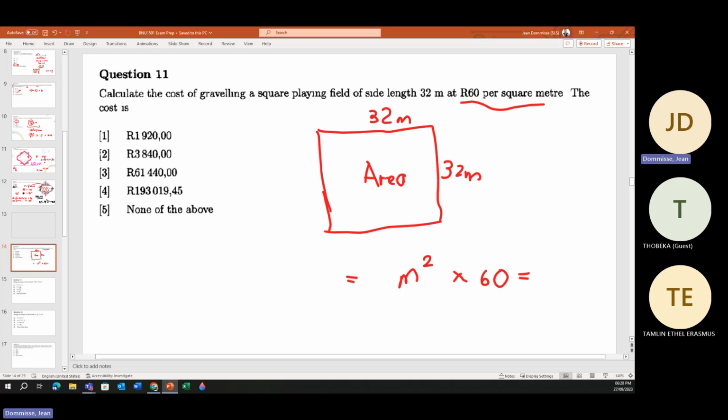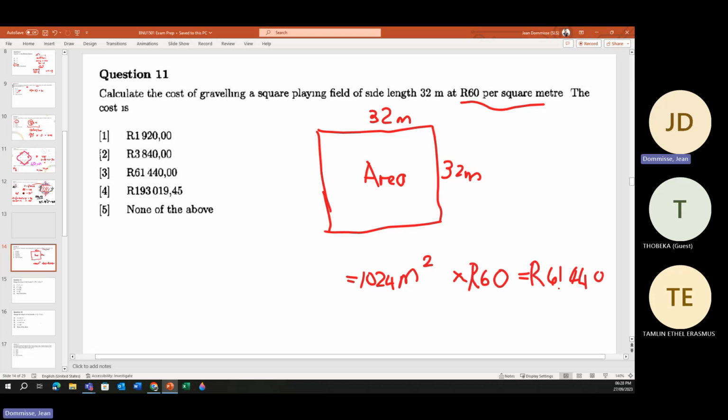to get our final answer of how much we will need to pay. So area is 32 times 32, which is 1024. That is massive. Times 60 is 61,440 rand that we will need to spend.